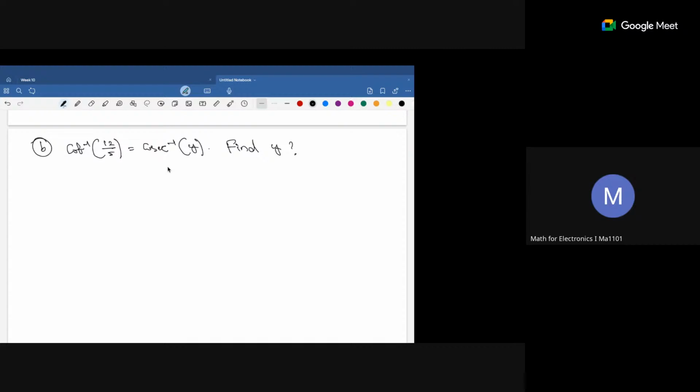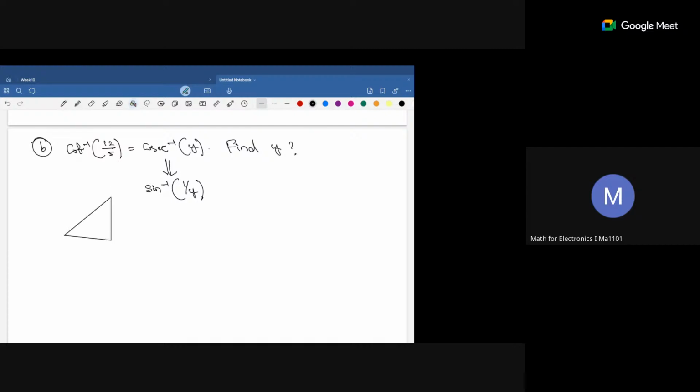The hint is, cosec inverse of y is basically sine inverse of 1 by y. We have discussed this earlier in this session. So if we can write cot inverse of 12 by 5 as sine inverse of something, then that something I will equate to 1 by y and find y. That's all I have to do.